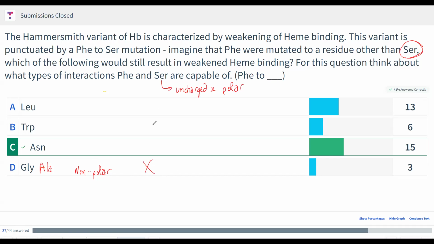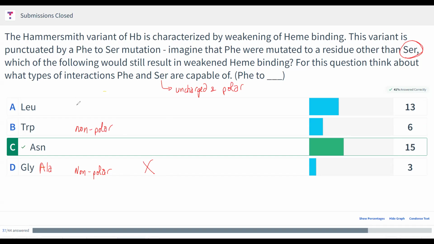Then let's go to our second least popular answer option, tryptophan. Remember, tryptophan has your two ring structure, and this is definitely a non-polar residue. Tryptophan does have a nitrogen in one of the rings, but it's still a pretty non-polar amino acid because the six-membered ring is the outer of the two rings.